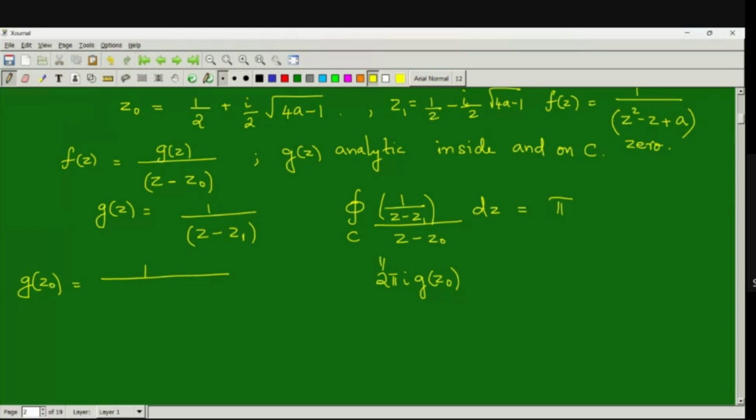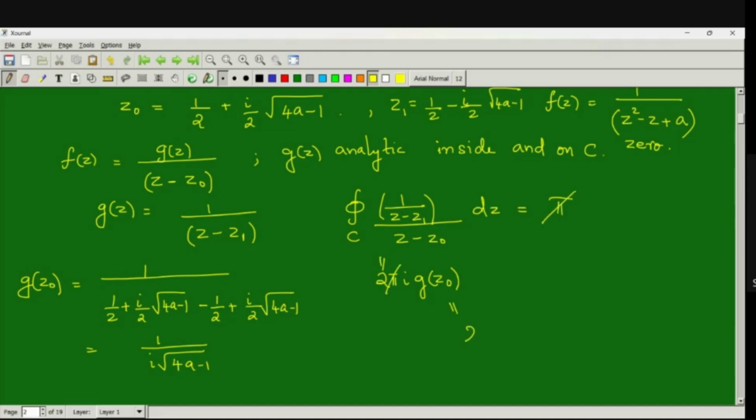g of z0 is 1 by z0, which is 1 by 2 plus i by 2 square root of 4a minus 1, minus z1, which is 1 by 2 minus i by 2 square root of 4a minus 1. This is precisely 1 by i square root of 4a minus 1. So what actually is this? I can cancel pi and pi.